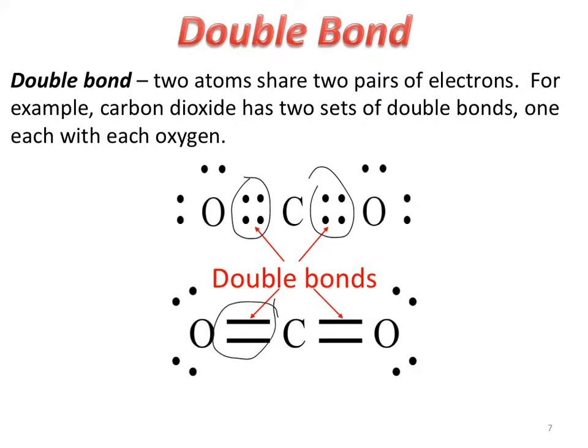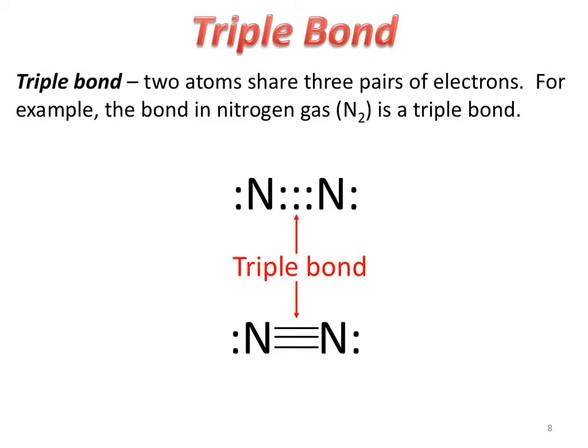Using a double dash like this helps us to condense the structure and have a less cluttered look. A triple bond is the sharing of 3 pairs of electrons, or 6 total electrons, generally 3 from each atom. And the line designation is 3 parallel lines.